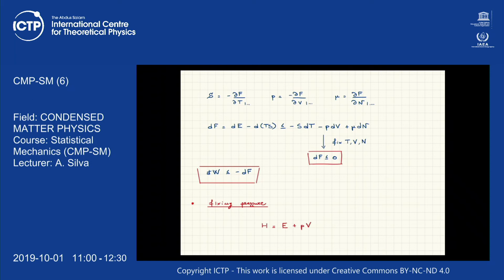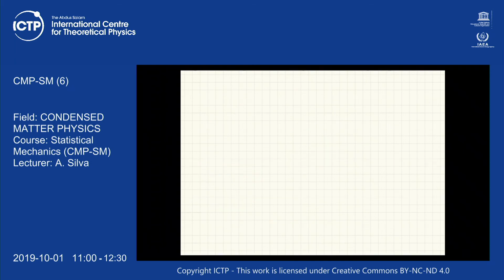Why? Because if we do so, then when I take a differential, there's going to be a term of minus P dV from the energy, and from the new term I'm going to get plus P dV plus V dP. And V dP is the thing I want. So eventually the differential of my enthalpy is T dS plus V dP plus mu dN.